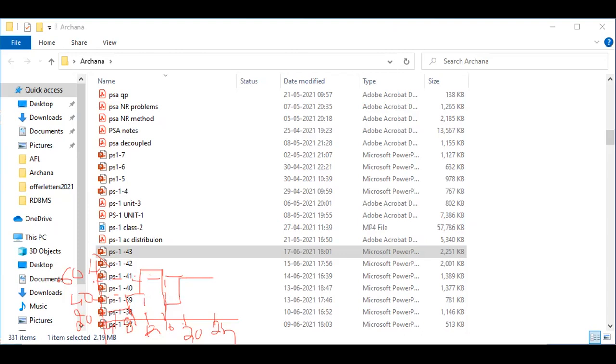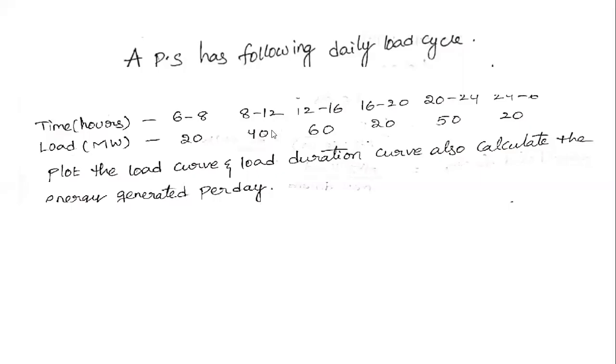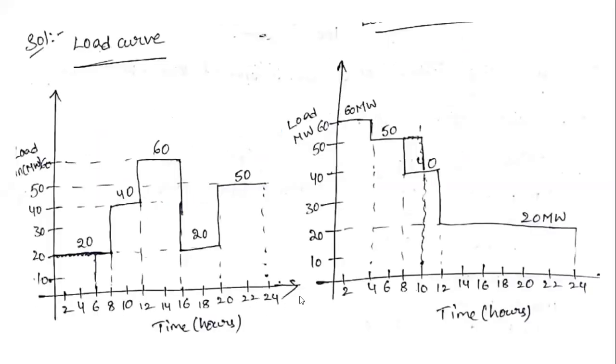Next, 24 to 0, 20 megawatts. Therefore, that load curve shows the various loads at a particular time. This is the load curve.